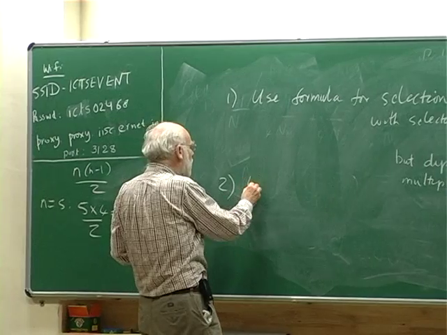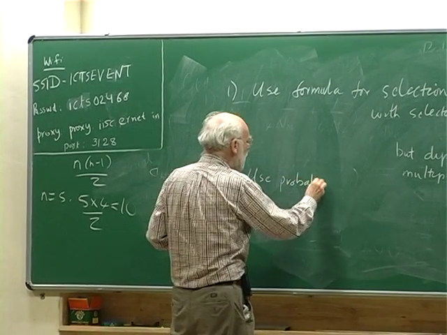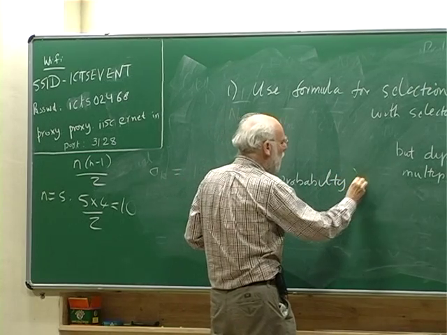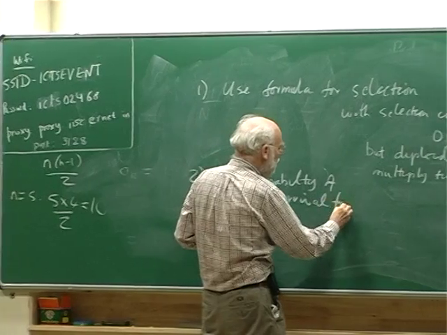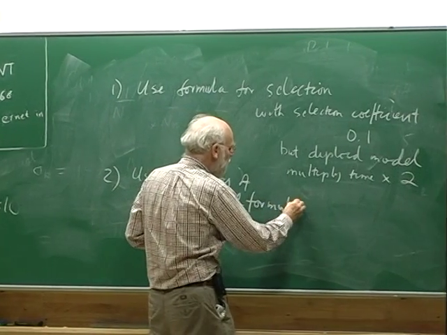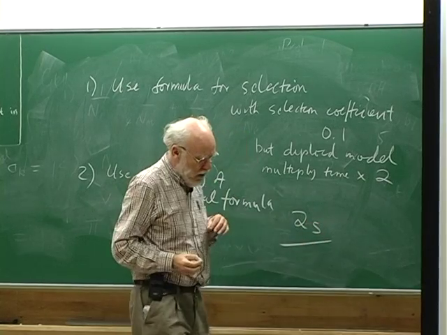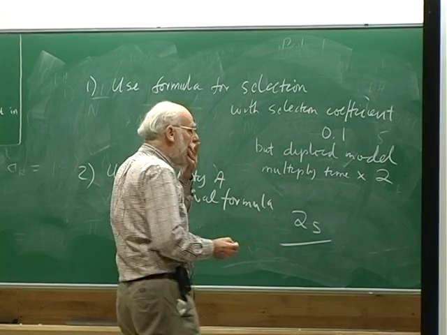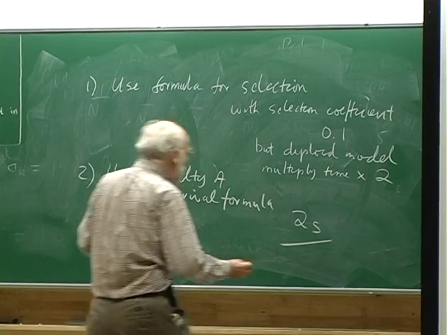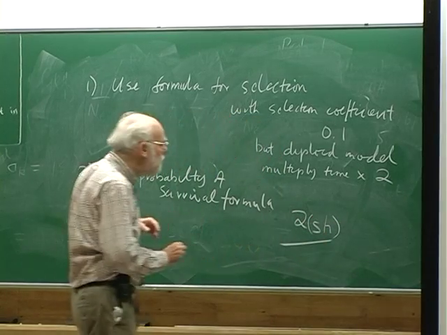And secondly, you should use the probability of survival formula, that the survival probability of a new favorable mutation is 2s times h in the case of a diploid.